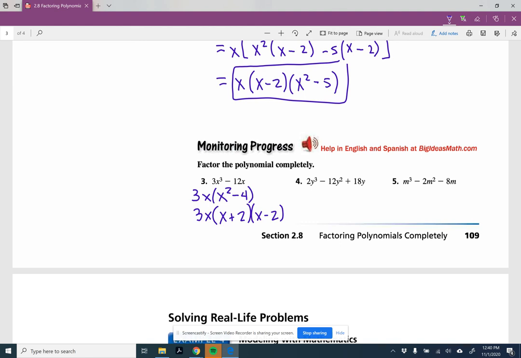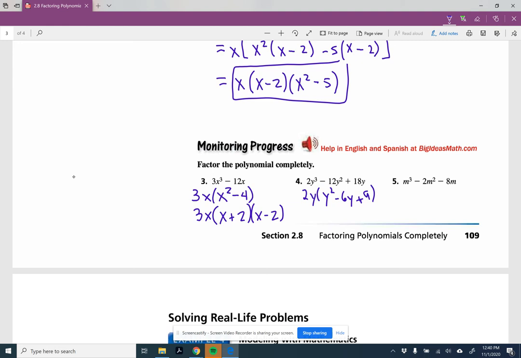Problem number 4. 2 divides into 12 and 18, so my greatest common factor is a 2. Notice they all have a y, so we'll factor that out. And then we have y squared minus 6y plus 9.